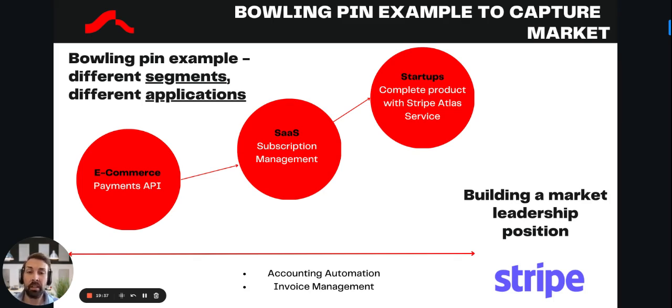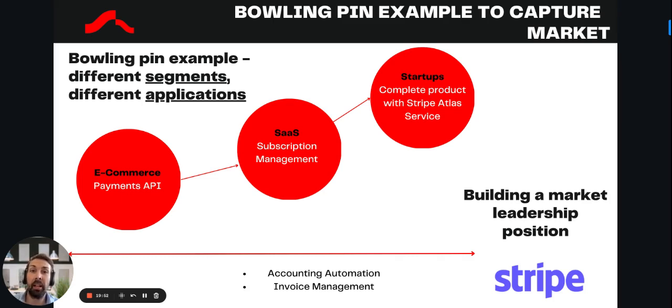And now once they start seeing that SaaS are coming through, a lot of SaaS are startups that need to create a new company and incorporate a new company.